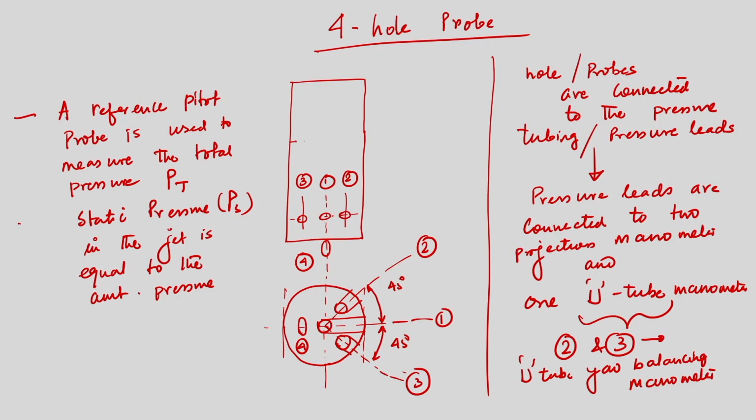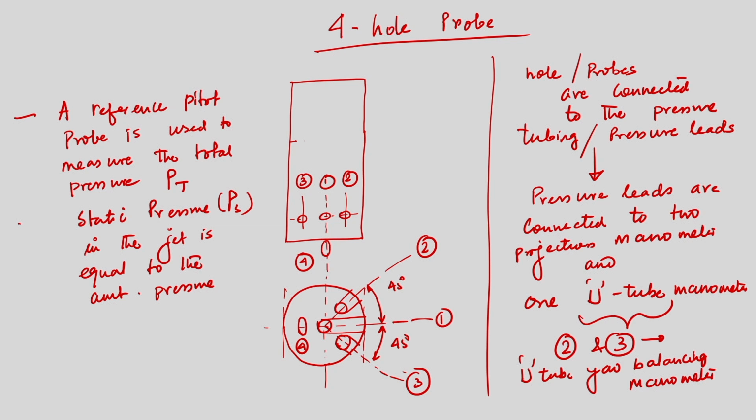Now the probe is yawed. Now why is it done? I have discussed this aspect while discussing the working principle of the probe. Now the probe is yawed until the pressure at points 2 and 3 becomes equal.